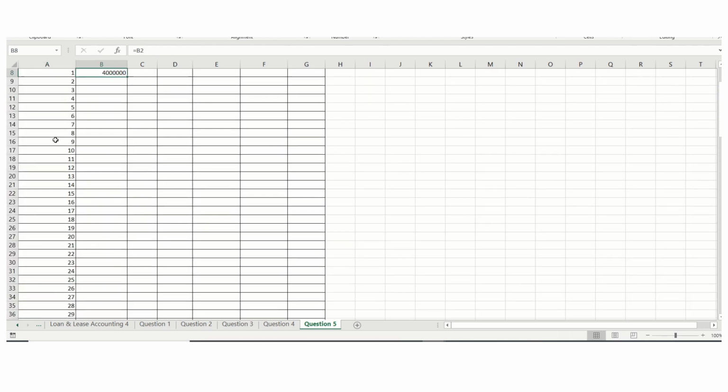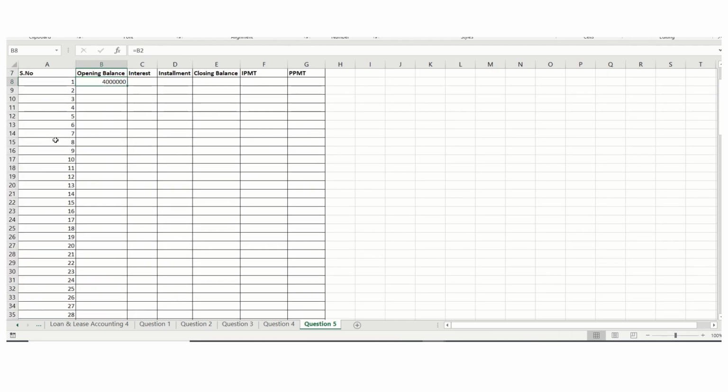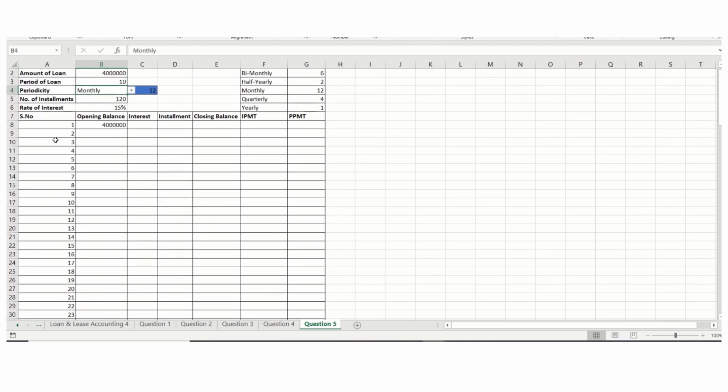Right? Next, opening balance is my amount of loan B2, 40 lakhs. Interest is opening balance multiplied by 15% is the rate divided by periodicity. Okay?